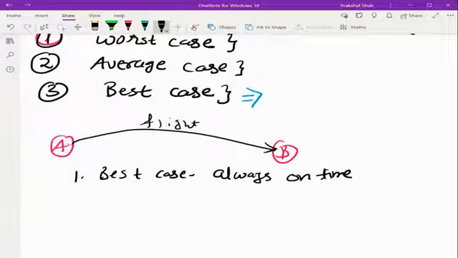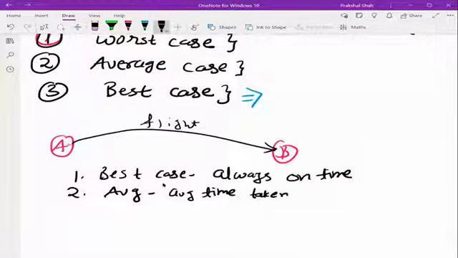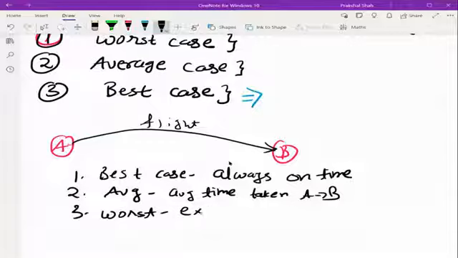What is my average case? The average time duration to reach the final destination would be somewhat less, not that much delay. The average case is the average time taken from A to B. And what is my worst case? My worst case would be very bad: my flight would be extremely delayed, like 4 or 5 hours of delay.